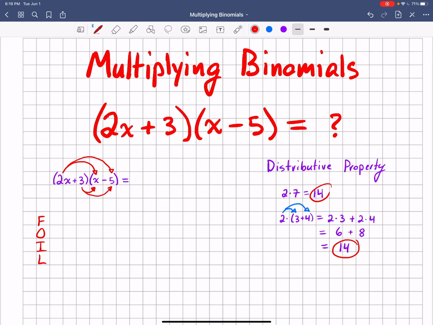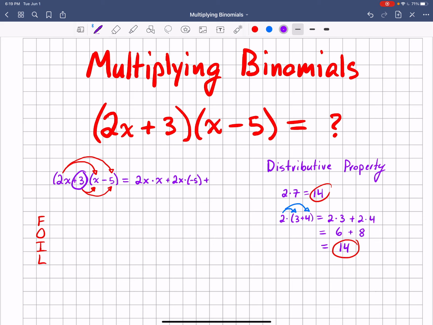So we're going to start with 2x from right here times x. So 2x times x. Next we have 2x times 5. But notice 5 is actually negative, so this is going to be 2x times negative 5.